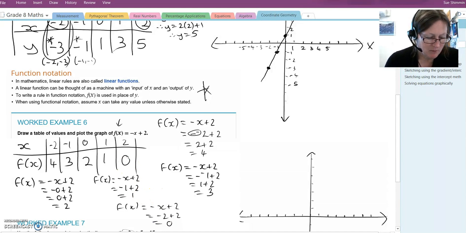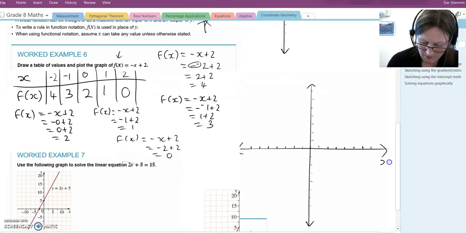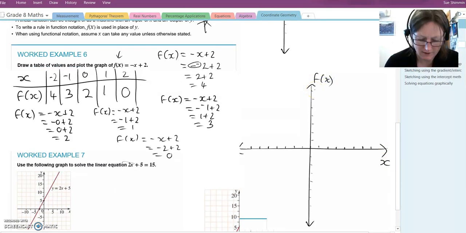So I've done my table, I've chosen x values, I've put them in, I've finished my table. Draw a Cartesian plane, which I have here. This is my x-axis and this is my f(x) axis. It's really just like saying it's the y-axis. Label them.